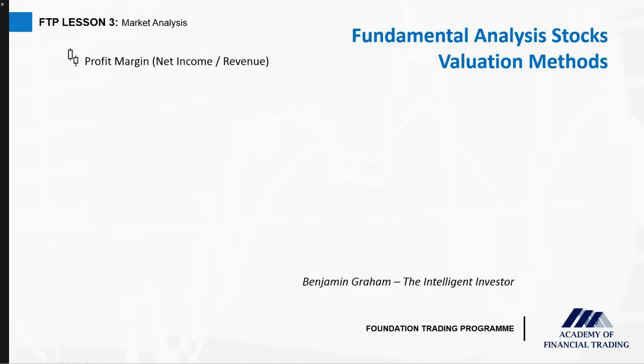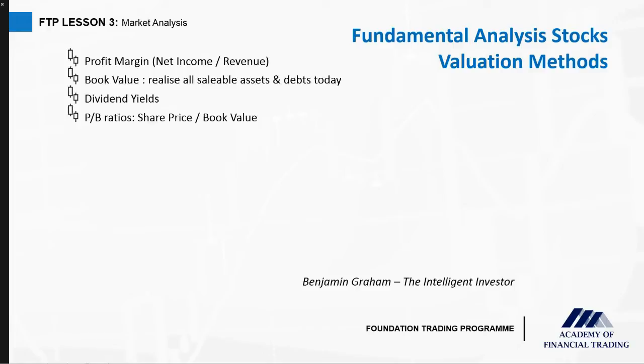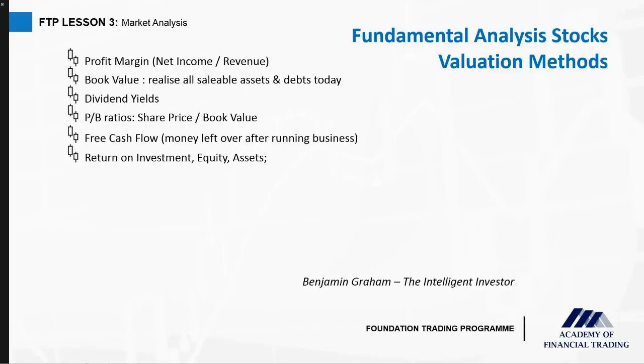So one method is profit margin, which is net income divided by revenue. We've also got book value. We've got dividend yields. We have got PB ratios, which are essentially your share price divided by your book value. We've got free cash flow. We've got return on investment, or your return on your equity or assets.